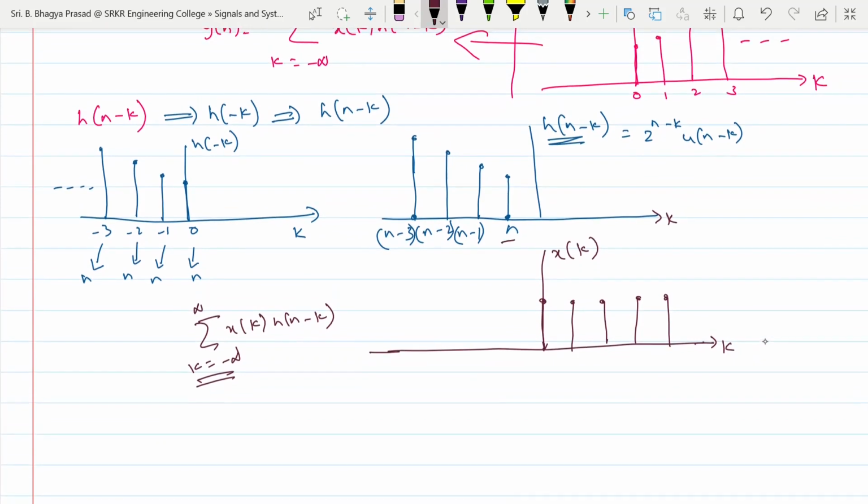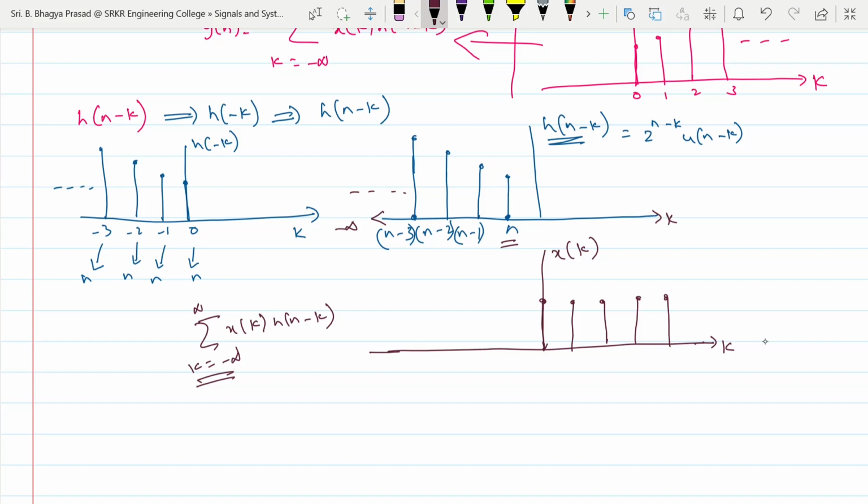We have added this n for this time instance, and we don't know what n is, so I am assuming that this n places this entire sequence on the left hand side. By changing the different n values, I am moving this expression from minus infinity to plus infinity.